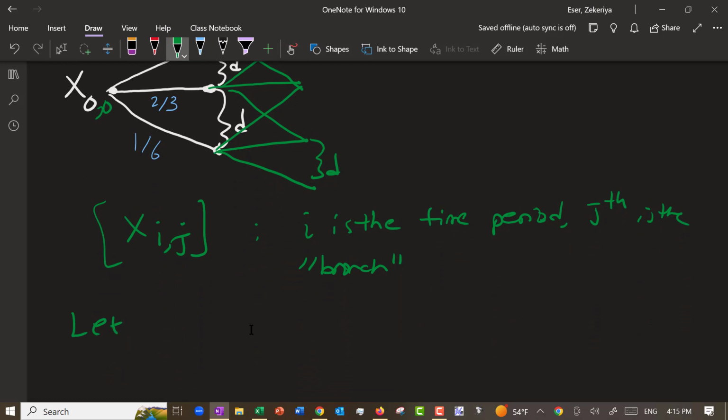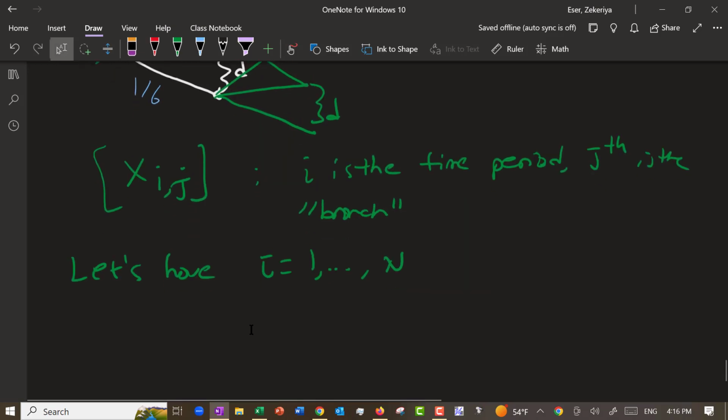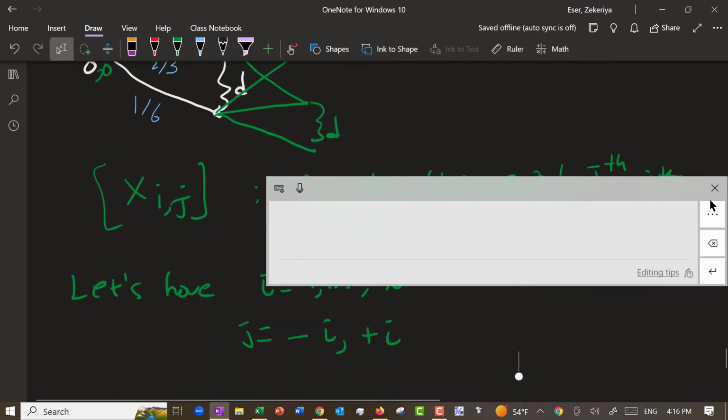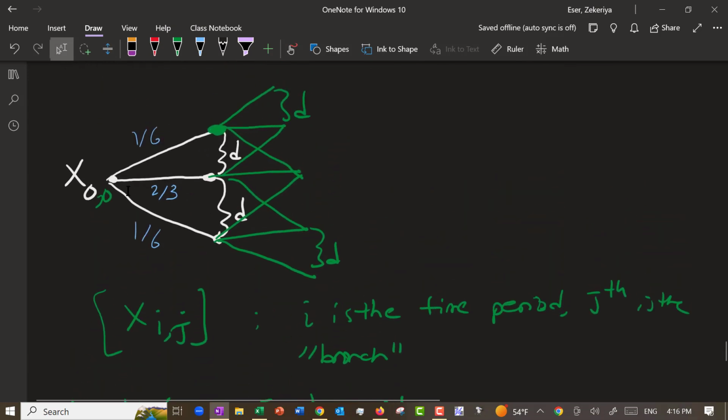And let's have i from 1 to n. I'm going to divide that time period from 0 to T into n subperiods. And j is going to be from negative i to positive i, including 0.